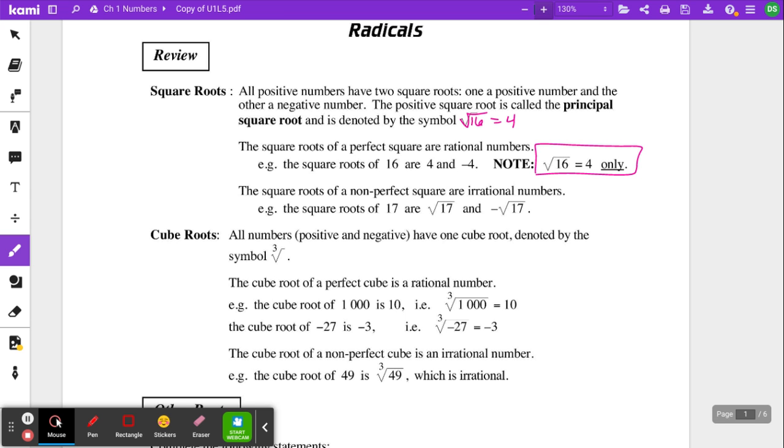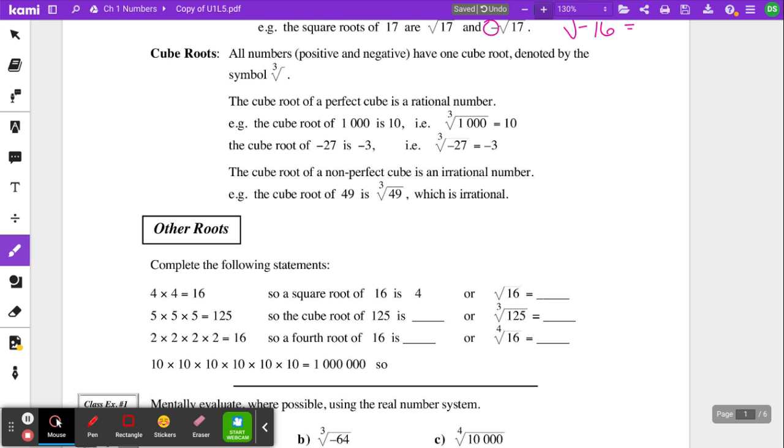Cube roots. Okay, by the way, is it okay to have a negative out front of the square root sign of 17? Yes. Is it okay to have the negative sign under the square root sign? No, because there are no two numbers that make a negative if you do. Okay, but how about with cube roots? Can I put a negative under the cube root sign?